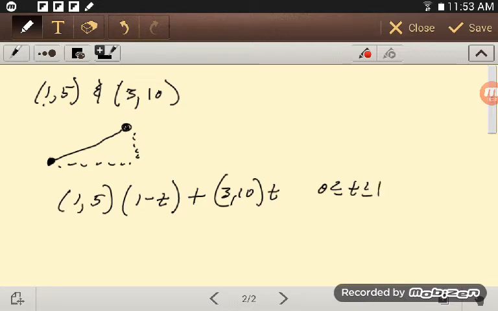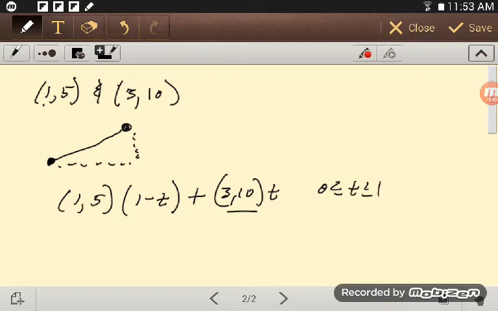And notice that if t is 0, I get 1 times the point (1, 5), and 0 times this point here, (3, 10), and so I just get 1, 5. If I have t equal 1, I get the (3, 10) here, and then I get everything in between, and it is a straight line.